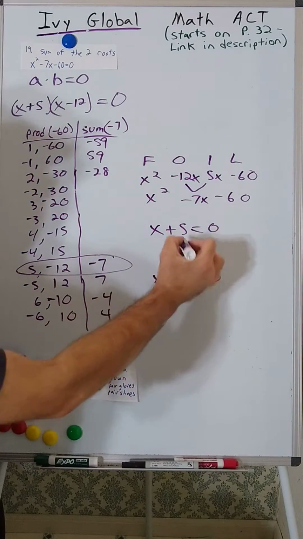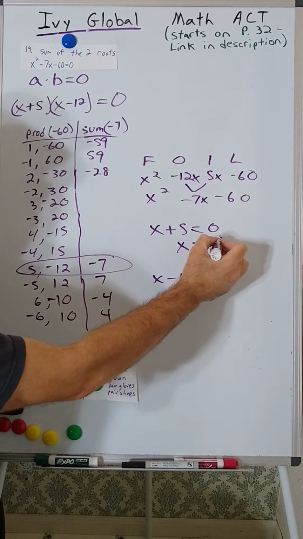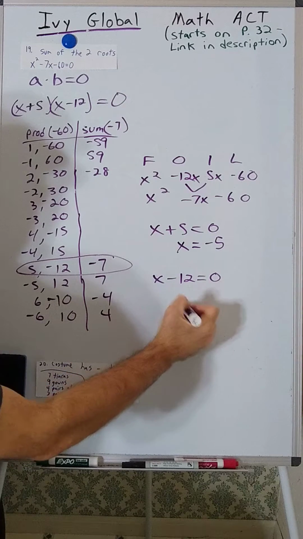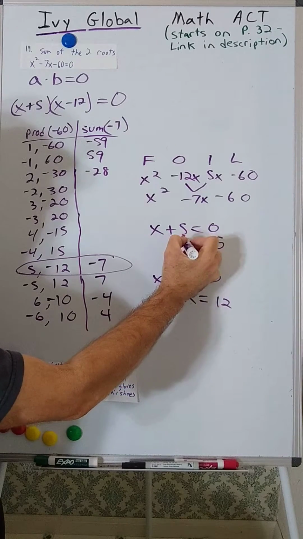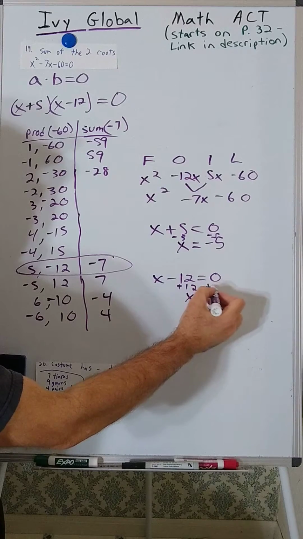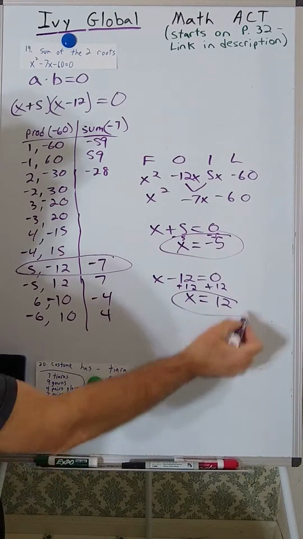Well, if x plus 5 equals 0, we subtract 5 from both sides and we get x equals negative 5. If x minus 12 equals 0, we add 12 to both sides. We get x equals 12. I guess I better show that. Okay, so our two roots are negative 5 and 12.